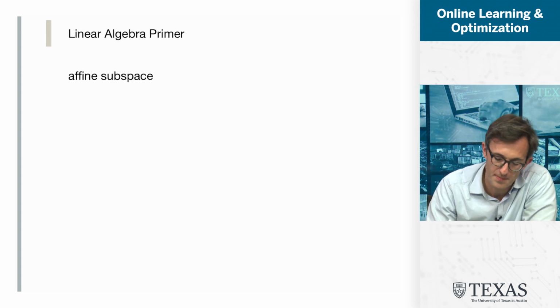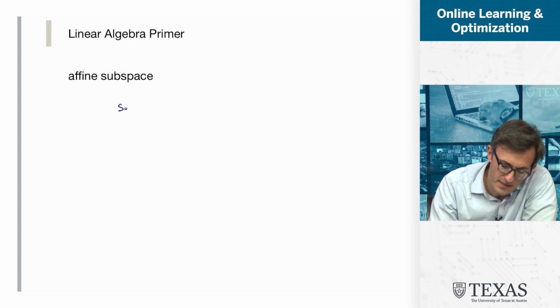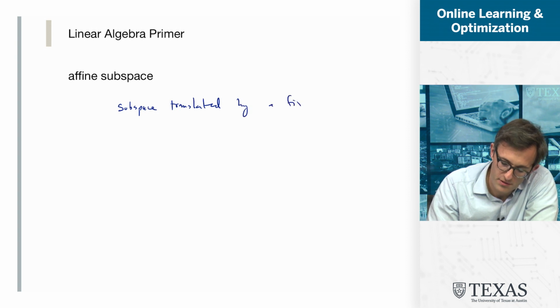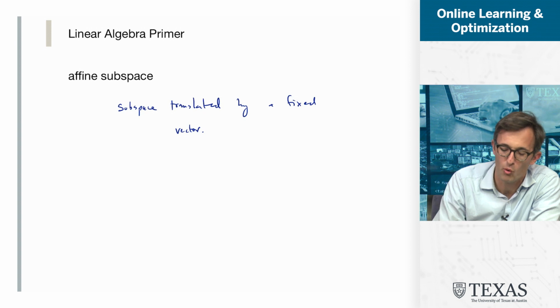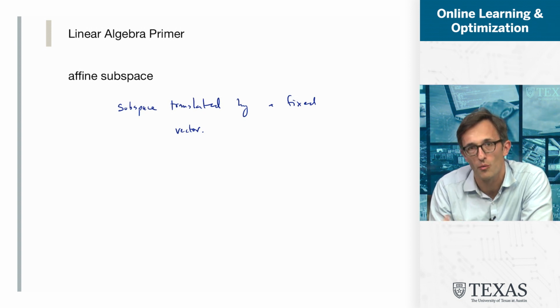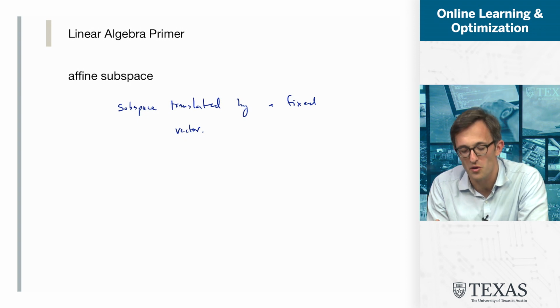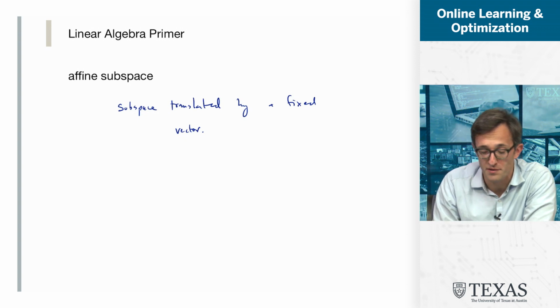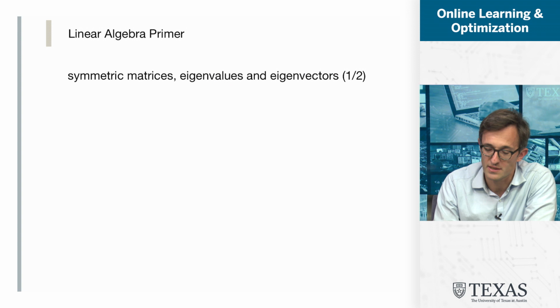An affine subspace is just a subspace translated by a fixed vector. These are important definitions just to keep in mind in case you see them, just so you know what we're talking about. That is really the only reason to go through and define certain specific definitions like this.